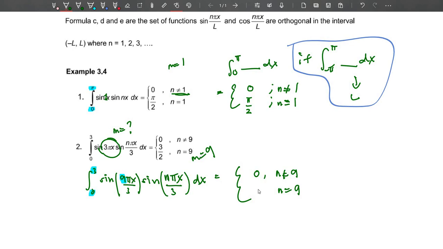So right now, L is equal to 3, so 3 over 2. This one should be integrate 0 to L, as we refer to here. That's why here should be 3 over 2. If you have integrate negative L to L, when we do the piecewise function we will be using L. But when you have from 0 to L, that means it's half of the function, so it will be L over 2.